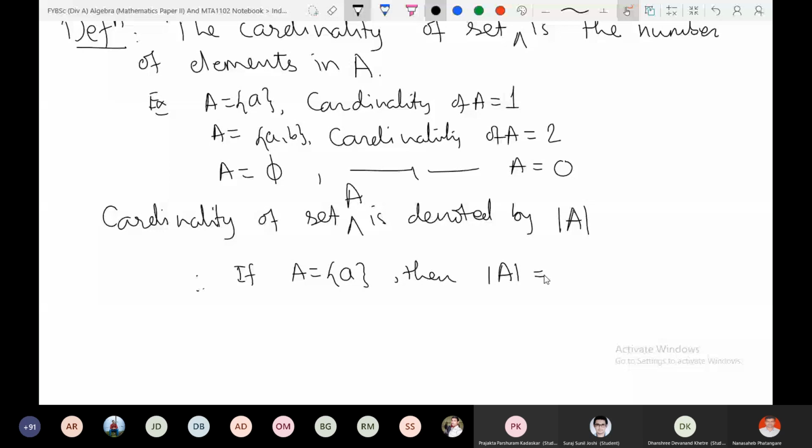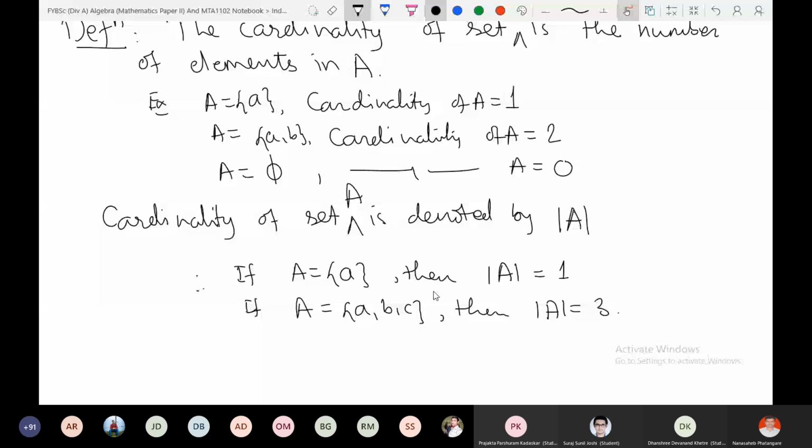If the set A has 3 elements a, b, c, then the cardinality of this set is 3. So this is a notation for cardinality. I think the definition is very straightforward, very easy, so there should not be any confusion.